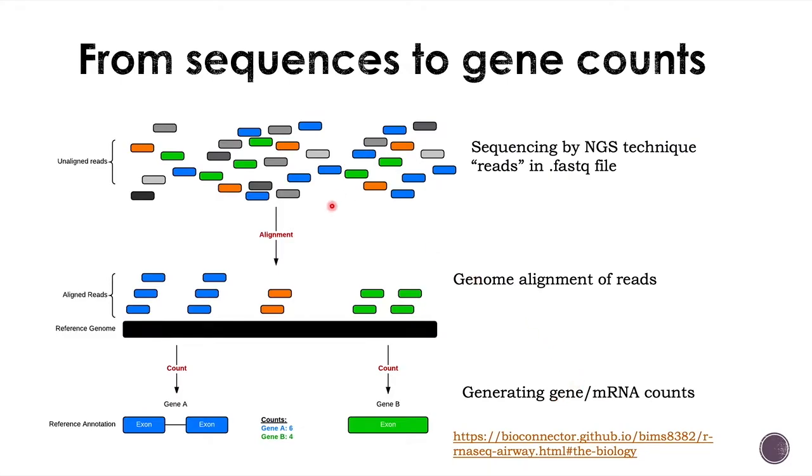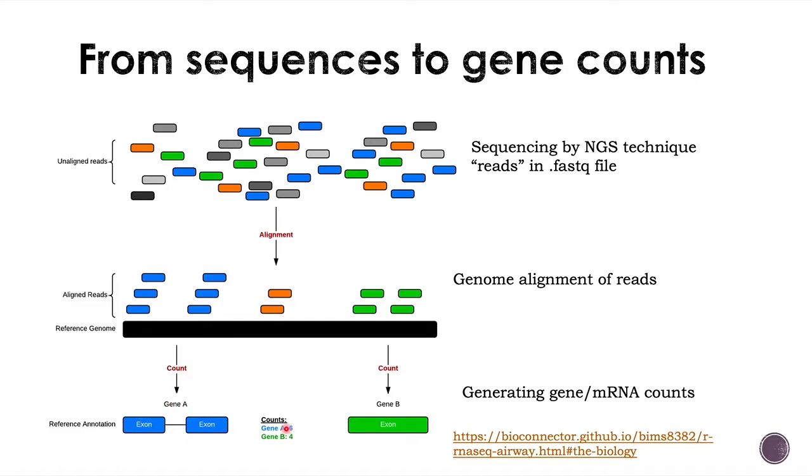So the sequencing reads, depicted here, which are present in the FASTQ files, will be aligned to a genome. This is represented here. And the reads aligned to the genome will be counted. In this section, for example, the blue reads will be counted as belonging to gene A, which consists of 2 exons.